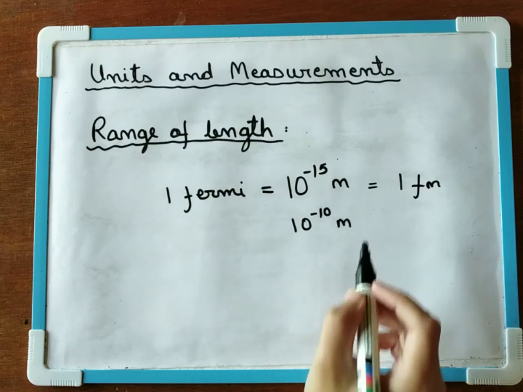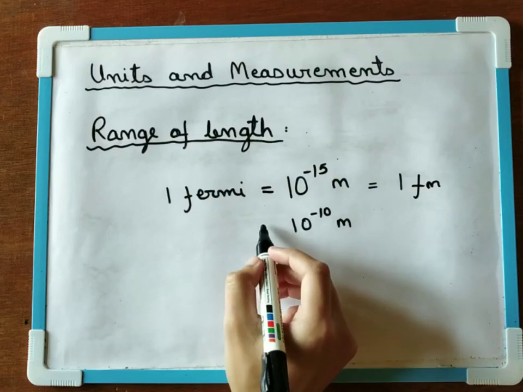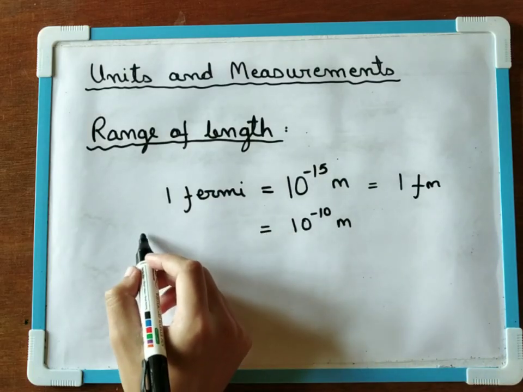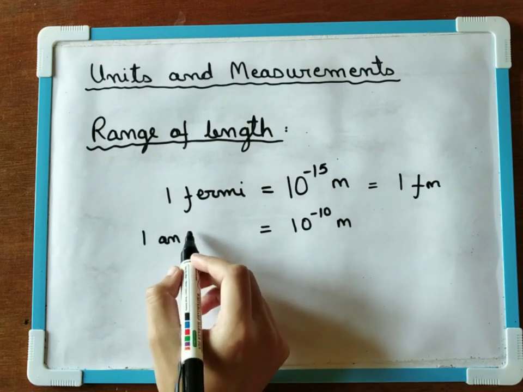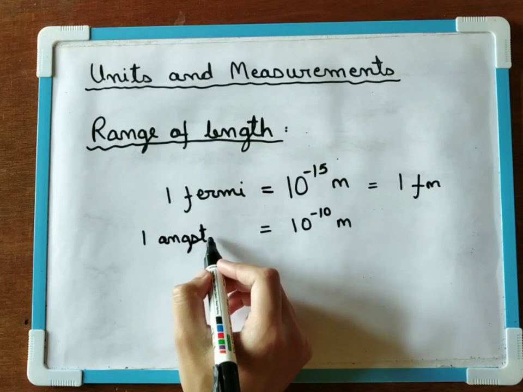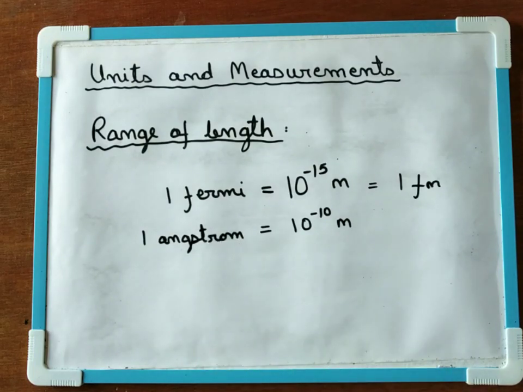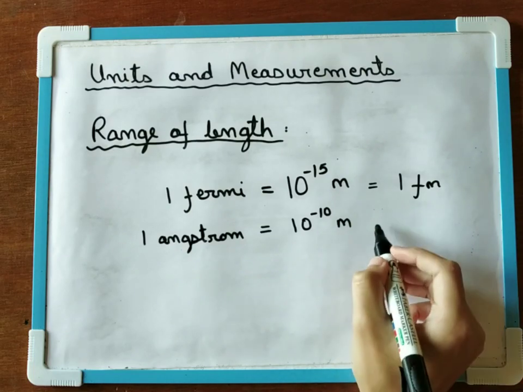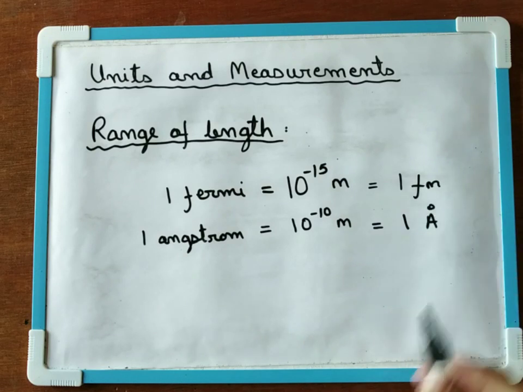Here also, this 10 to the power minus 10 meter is called angstrom. So 1 angstrom is equal to 10 to the power minus 10 meter, or we can write this as 1 Å. This is the unit for angstrom.